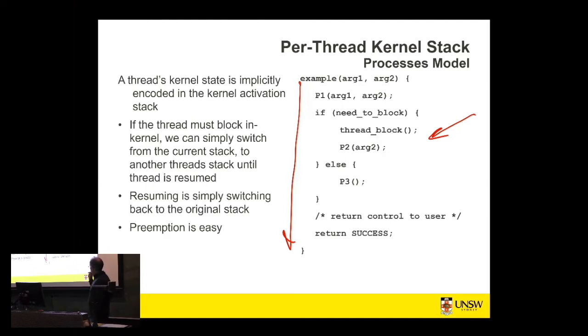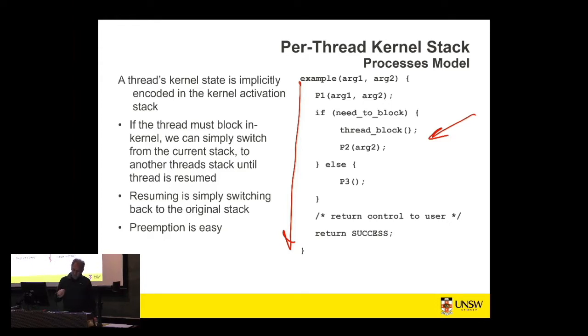Once it returns, we invoke P2 with that particular argument. We don't do P3 because we're not interested in the non-blocking case, because that's not the interesting part of this example. And then we flow through and we return from the example success.